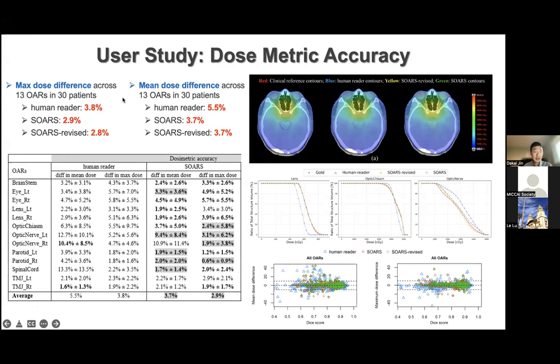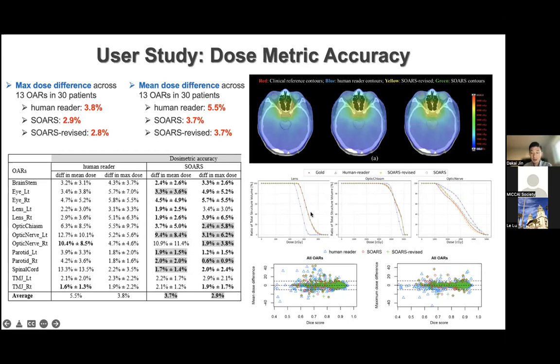As we can see, for both the max dose difference and the mean dose difference, the source or source revised model has fewer dose errors compared with the human reader, which represents the inter-user variations brought to the dose matrix.